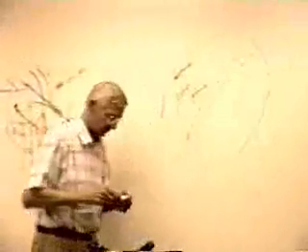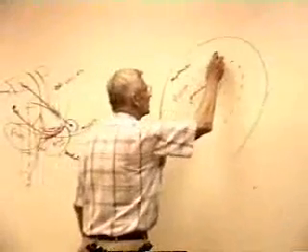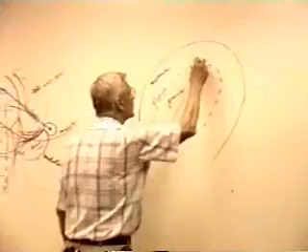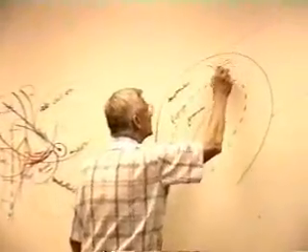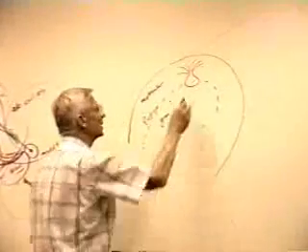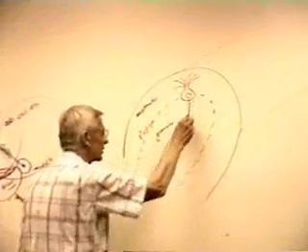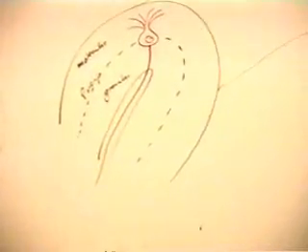A nice large cell body, branching dendrites, nucleus, an axon that comes down through the white matter.